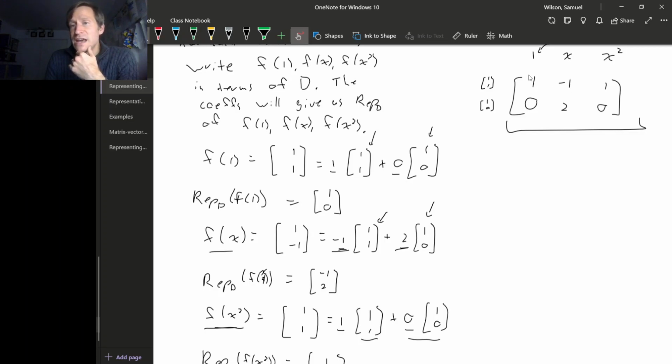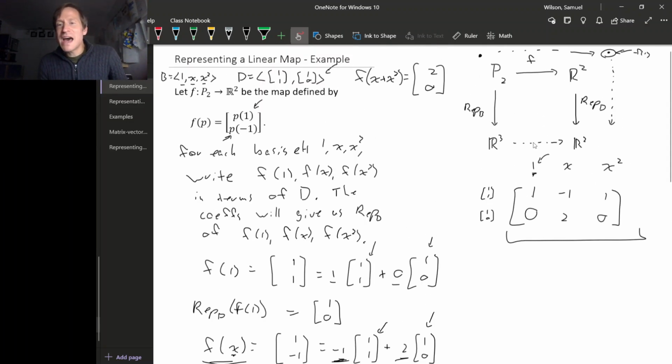And the entry in each spot tells you the coefficient you need on that basis element in the codomain to describe f of that basis element in the domain, right? Okay, so that describes how we're getting this matrix. And just to give this matrix a name, for now we're going to call this A.